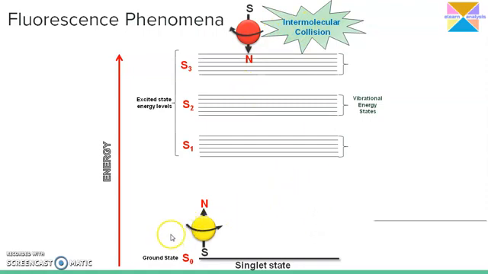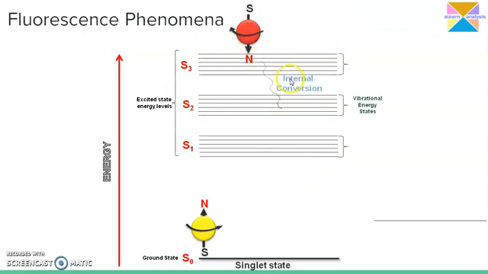So that is why lambda 1 has more energy when compared to lambda 2, which has lesser energy and is at the longer wavelength, because a part of the energy is already lost in the intermolecular collision process.